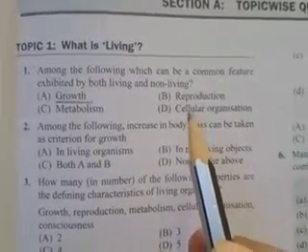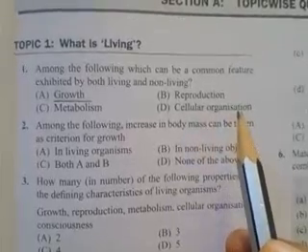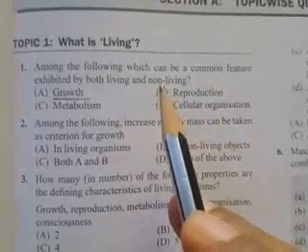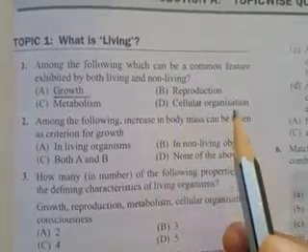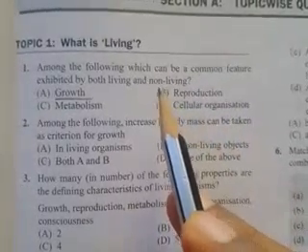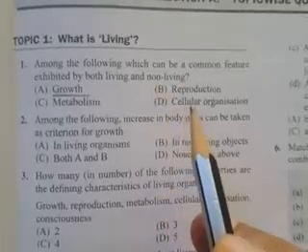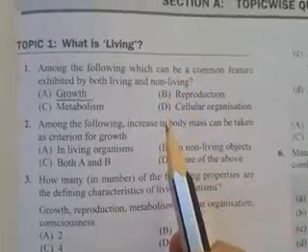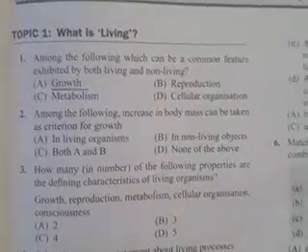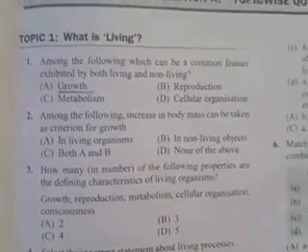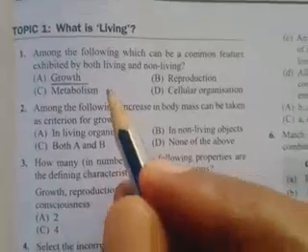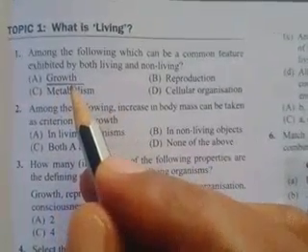That is cellular organization. But in the non-living there are no cells, no cellular organization, no tissue, cell or organ. So it's a very important question, and in this way the answer of this first question is growth.